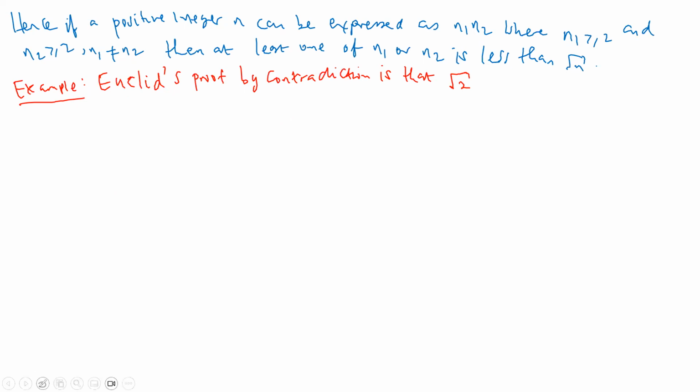I need to write this at the bottom. Euclid's proof by contradiction is that the square root of 2 is irrational.